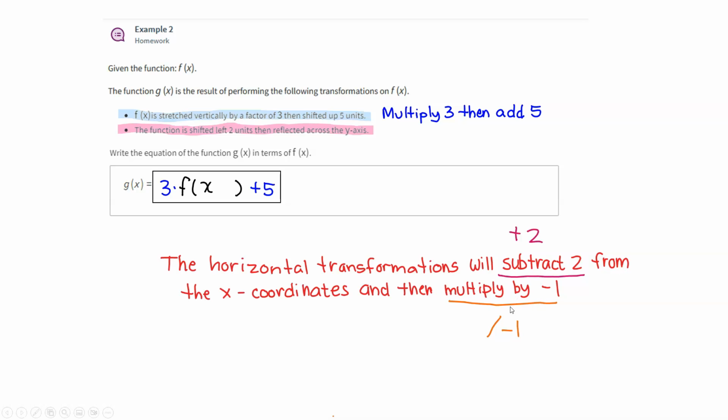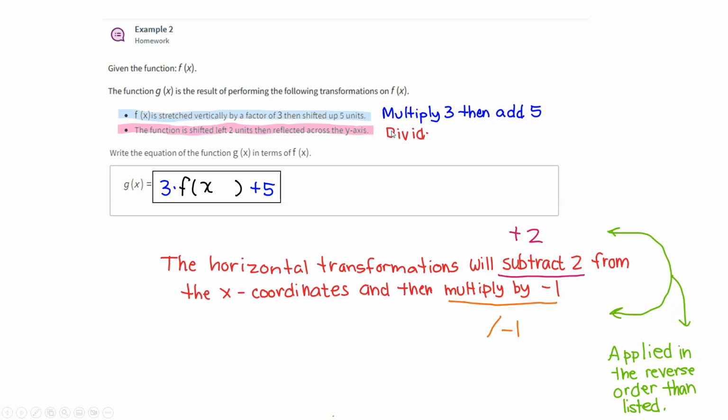The difficult part is inside the parentheses here, if that's the order you want them to occur, you're going to have to apply these in the reverse order than what they're listed. And so what's going to happen up here is that the reflection is going to happen first, so you're going to divide by that -1 first, and then you're going to add the 2 to make the x's be subtracted by 2. So it's a little confusing in that nature because of that.